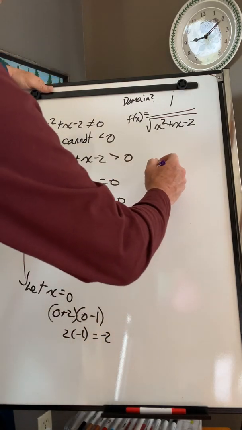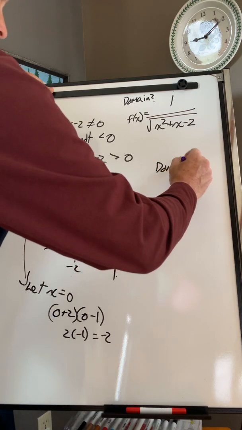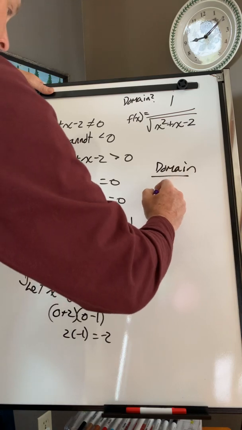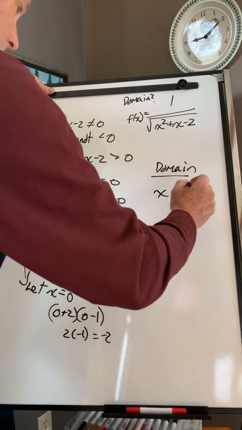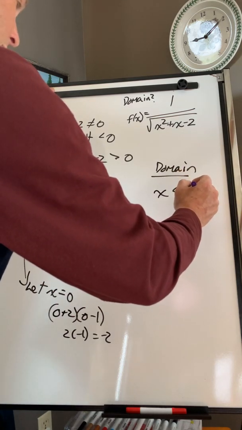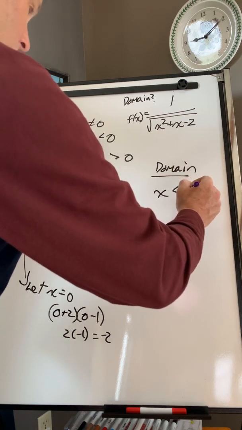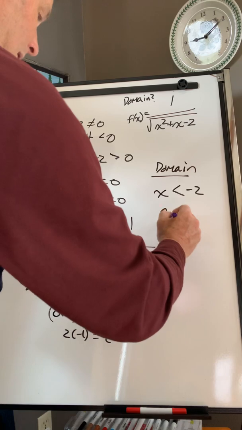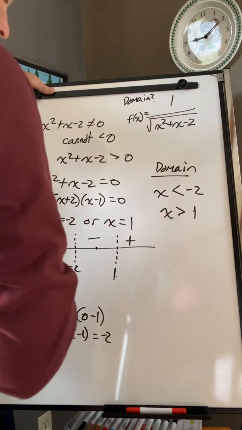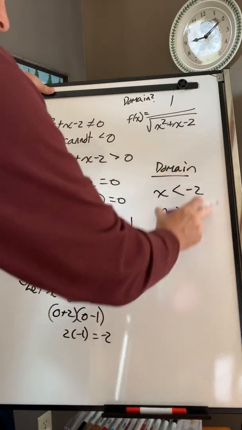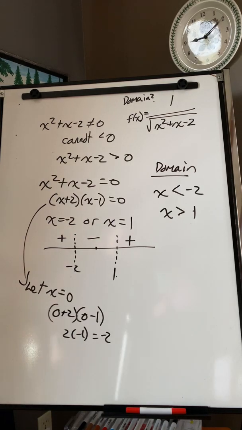So our domain: x has to be less than -2, can't be equal to -2 because it's going to make the denominator 0, or x has to be greater than 1. Anything in between can't happen. So that becomes our domain. I hope that helps you guys complete question 6 and question 4.